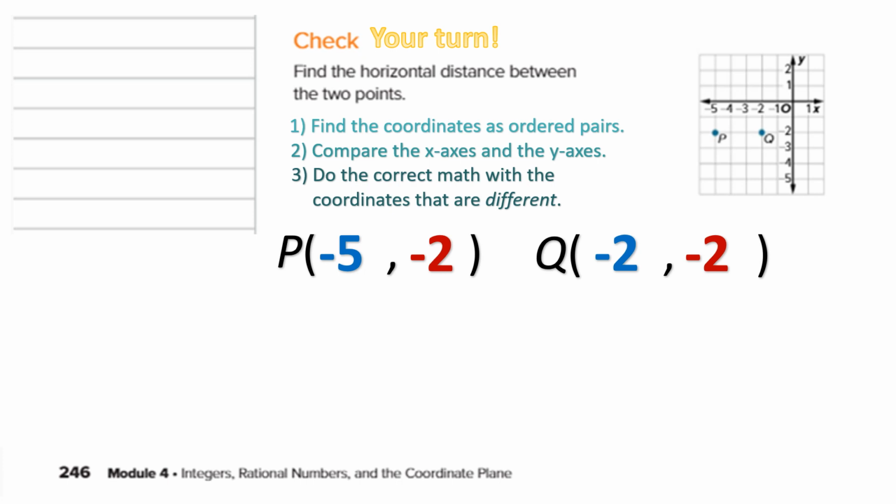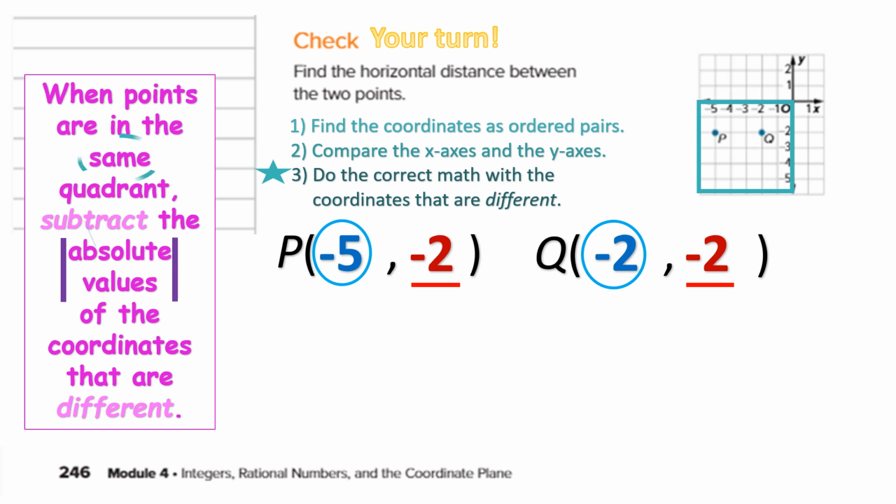So comparing the x-axes and the y-axes, then I can see that my y's are the same, so I'm going to just keep those and ignore them. I'm going to do the math with the ones that are not the same, which are my x-axes. So therefore, since they are in the same quadrant, they are both negative, then I know I'm going to end up subtracting them because that's what the note told us to do.